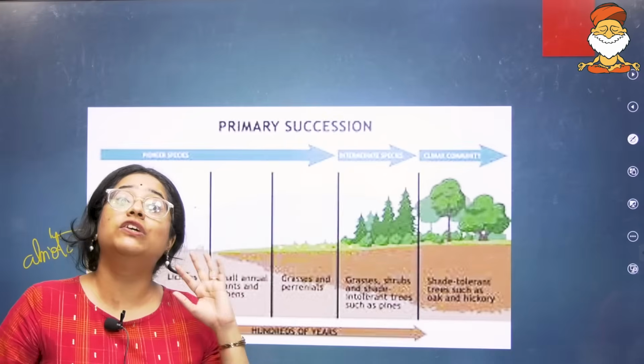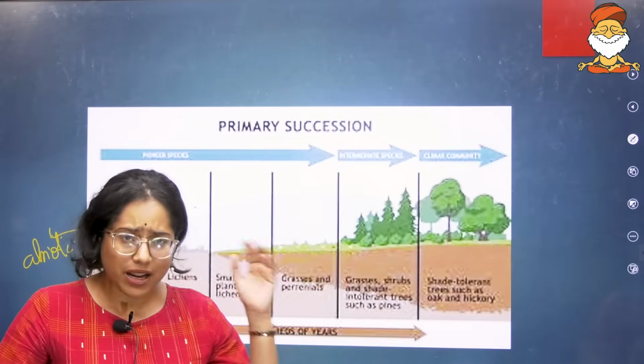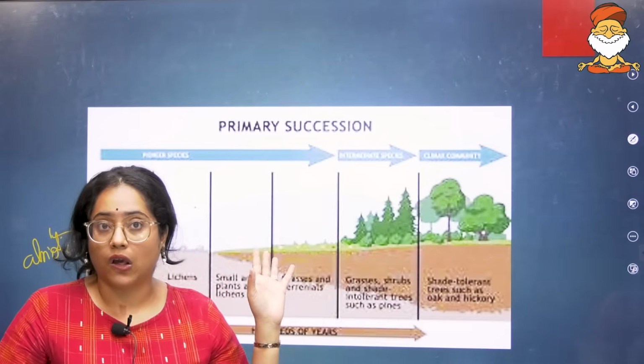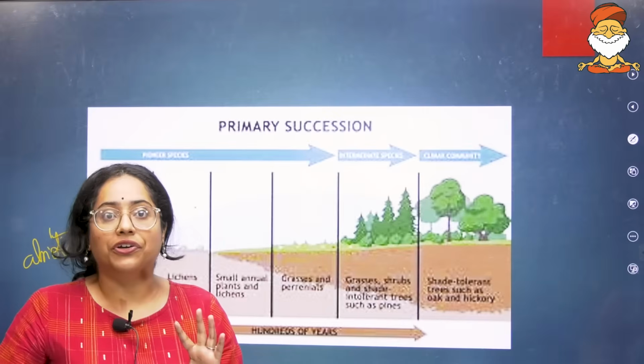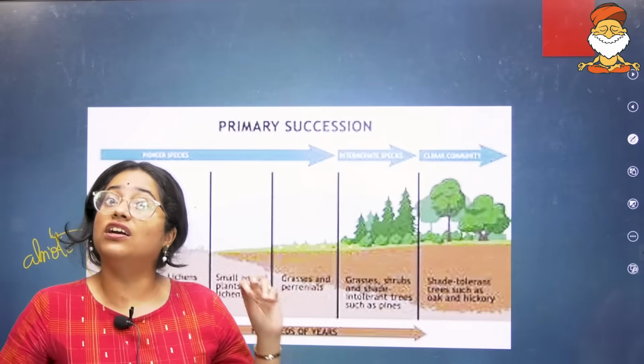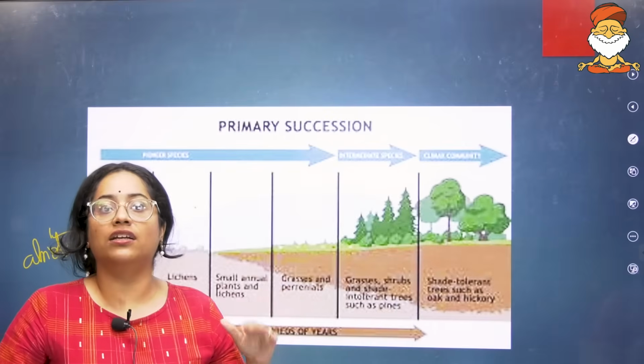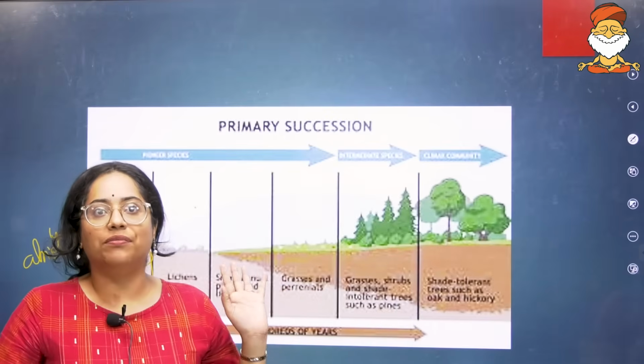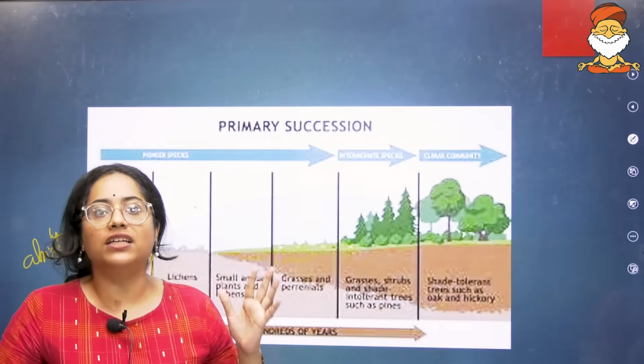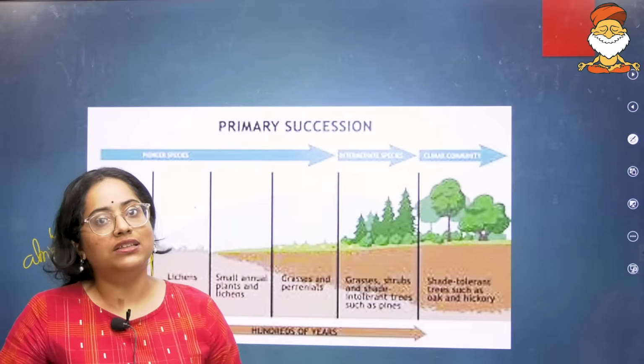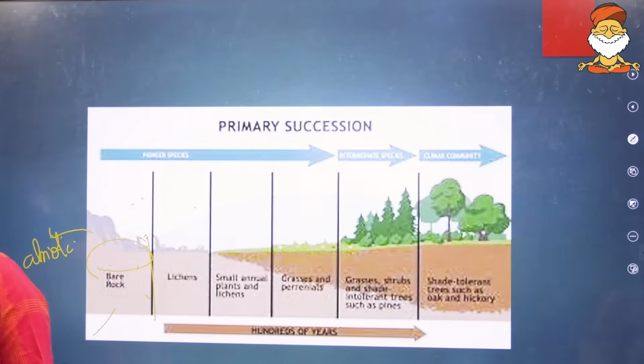Community means a group of different organisms, plants, animals, anything. It should be varied. So even if you have a single organism, you cannot call it part of primary succession, because a single organism or single group of organisms is just a population and not a community.